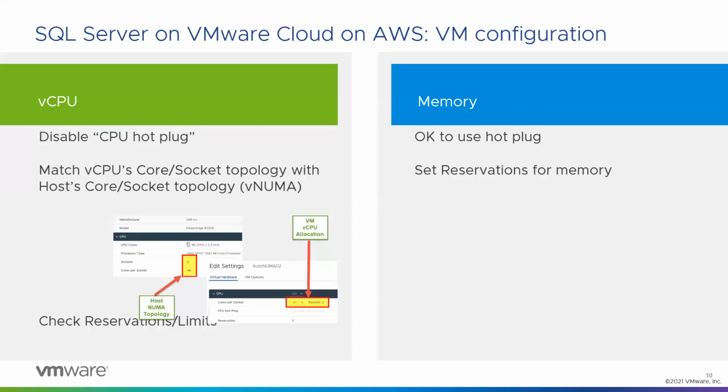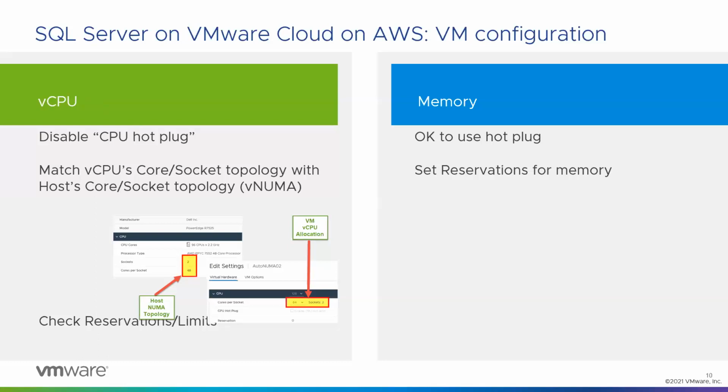So we will go through the most common pieces, and let us start with virtual CPU. Virtual CPUs are the CPUs assigned to your VM, not the host CPUs, right? So what we would like to do is disable CPU hot plug, mostly because hot plug has performance implications. If you have a small VM, 2 to 3 or 2 to 4 vCPUs, you can run CPU hot plug, no issues with that, right?